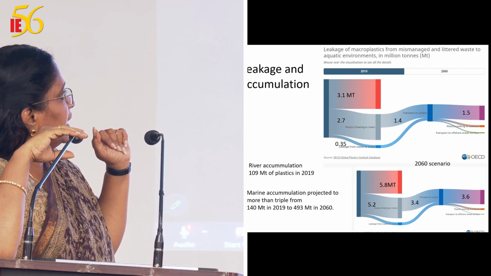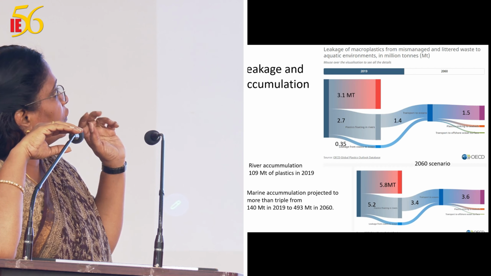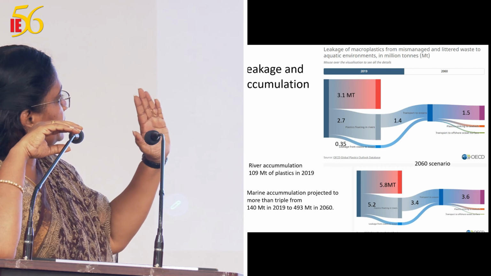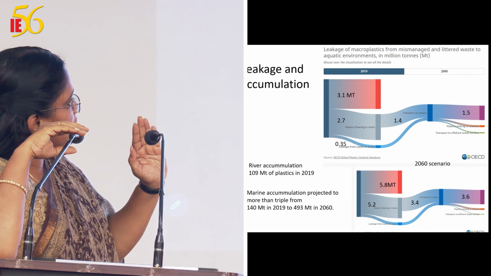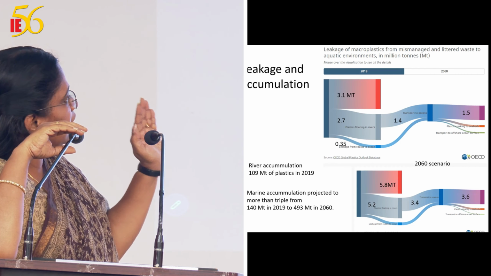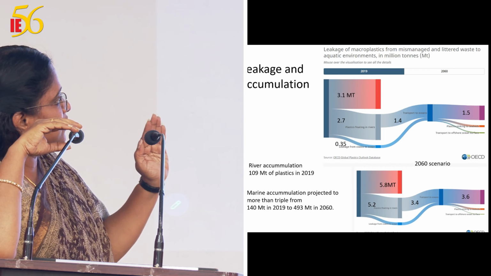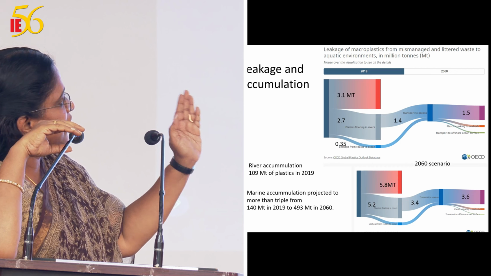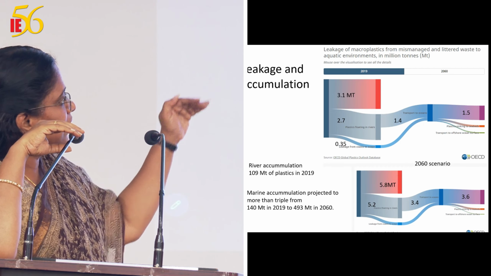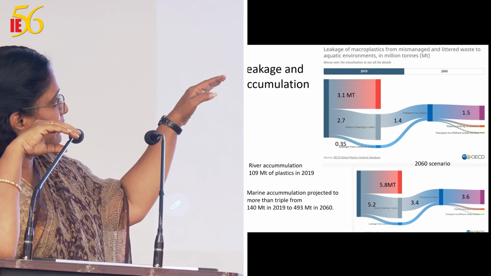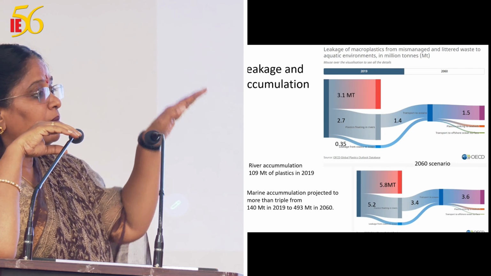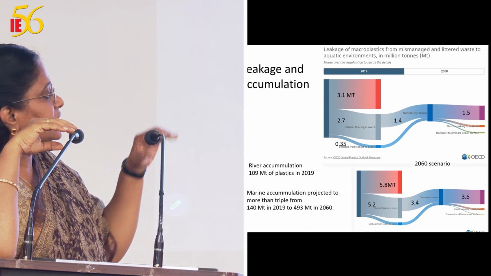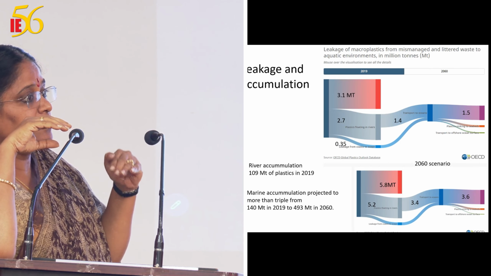So 3.1 million metric tons of plastics are going for landfilling. 2.7 is the mismanaged plastic floating in rivers, and as the rivers end up in the ocean, it is carried over to the ocean. But there is also a small fragment, 0.35%, buried in the rivers and sediments of rivers, similarly buried in the ocean beds and sediments.